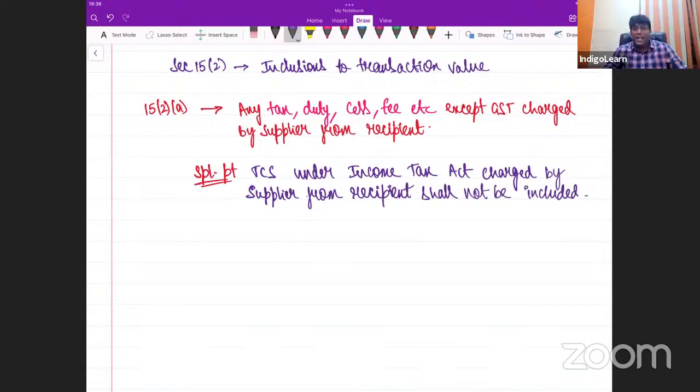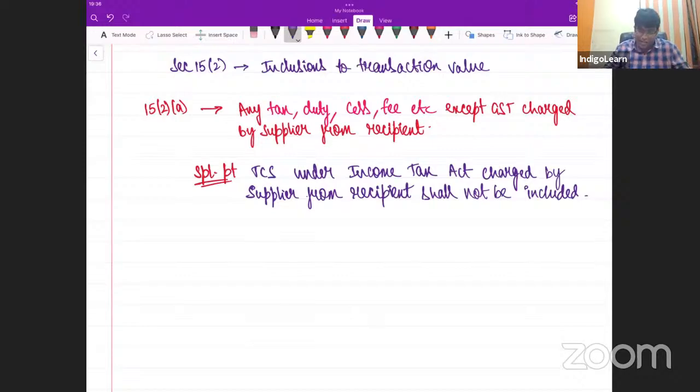So in general, what is the line told? In general, any tax, duty, cess, fees charged by supplier from recipient, that is included. But one special case what they gave, any tax collected at source under income tax, that will not be included. That special point you have to keep in mind. Clear, friends? Please, very important.